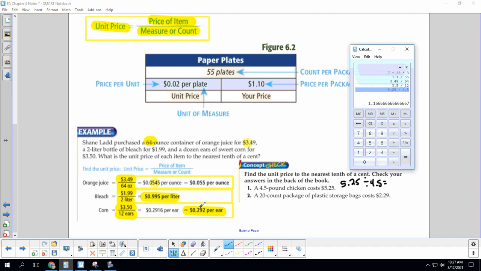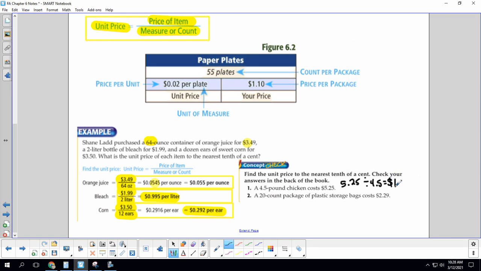And we get 1.166. We're going to round to this second 6 here. And because the 6 is behind him, he's going to round up. It's 1.167 dollars per pound.